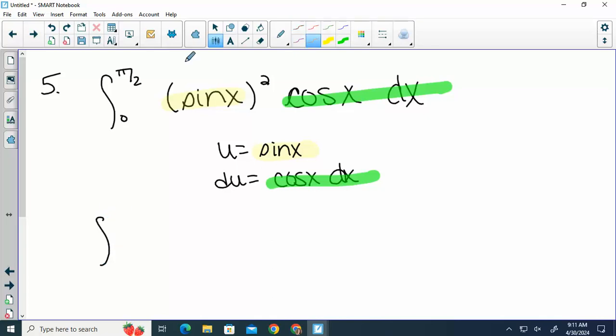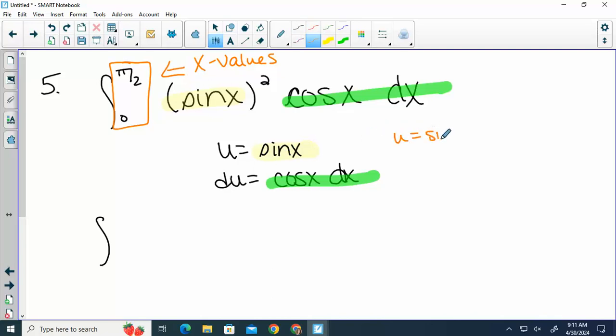All right, currently these limits are x values. We have two options. We can either keep them, and then at the end put it back in terms of x before we plug those in, or we can change them to make them u values. What do you want to do? Change them. So you plug those into our formula.